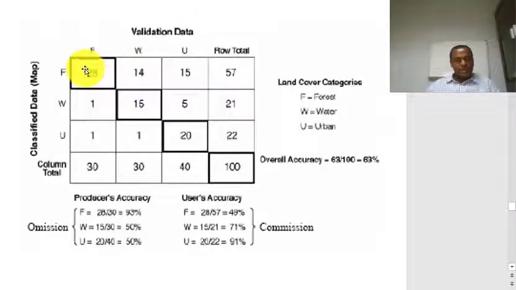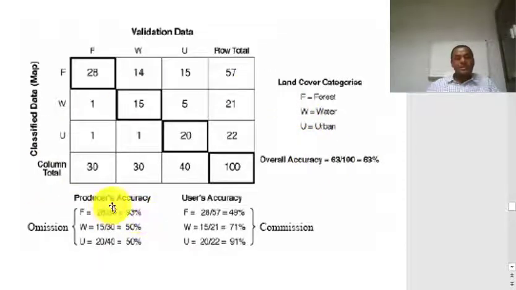The diagonal elements are the correctly classified pixels for each category. When you calculate overall accuracy, you sum up the correctly classified pixels for each class, 28 plus 15 plus 20, over the total number of pixels, that is 100, which gives 63% overall accuracy.